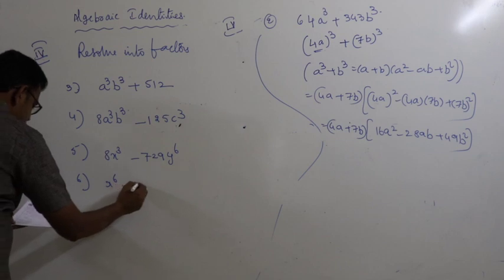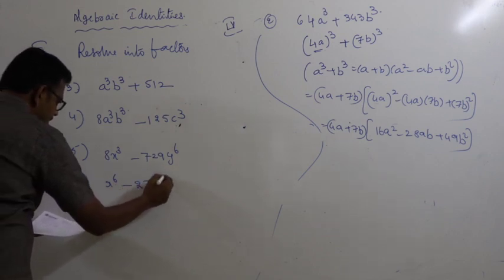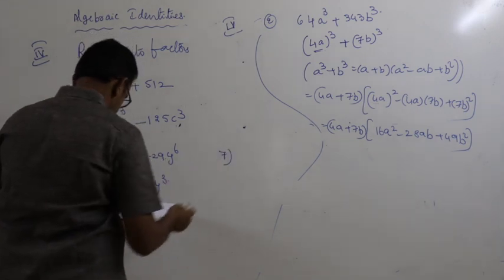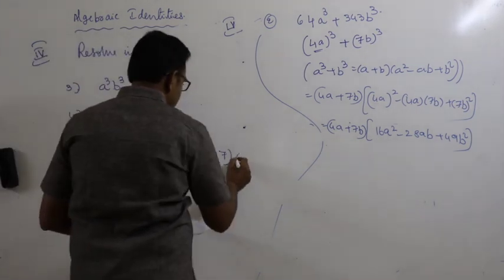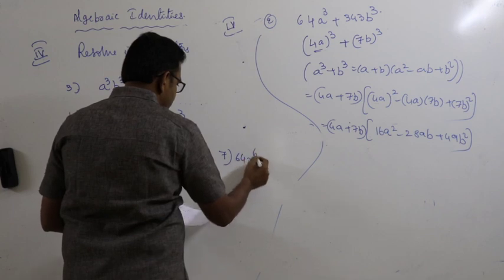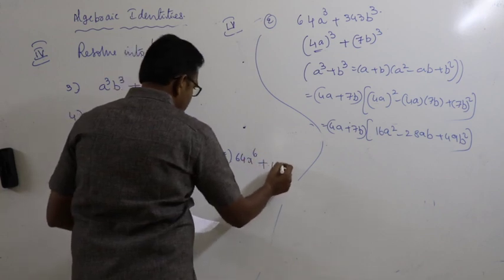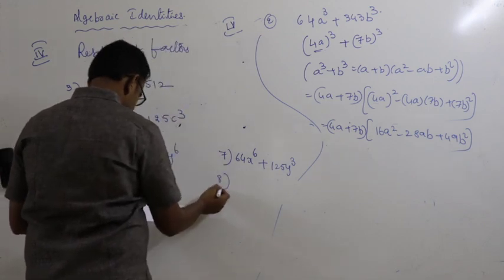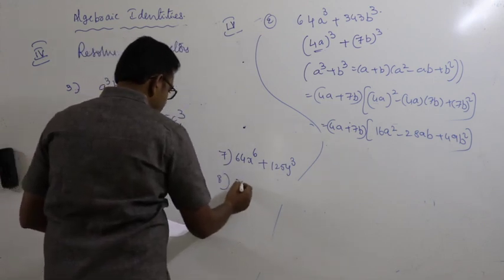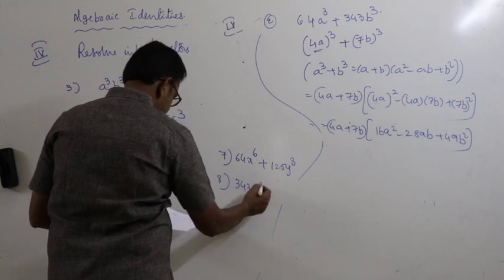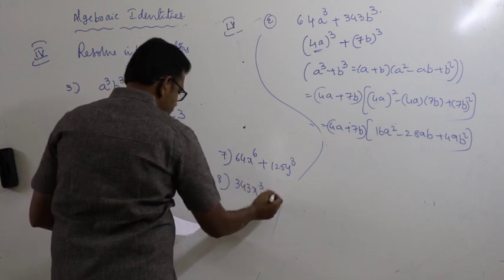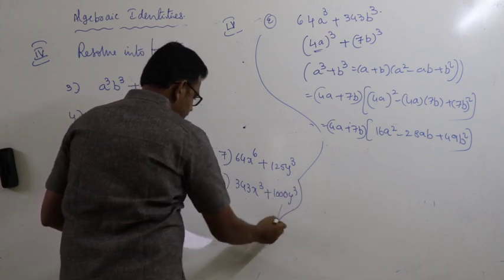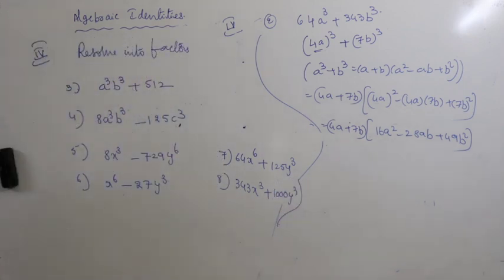X power 6 minus 27 y cube. And 64x power 6 plus 125 y cube. 343 x cube plus 1000 y cube.